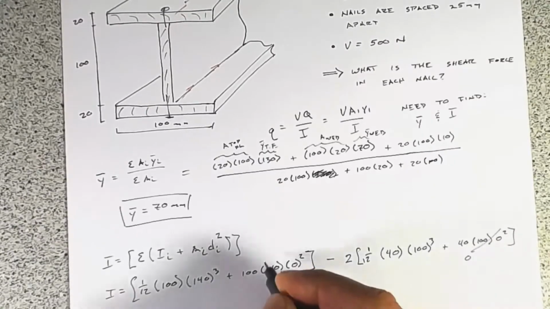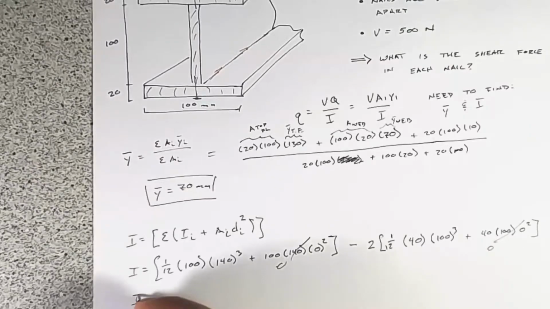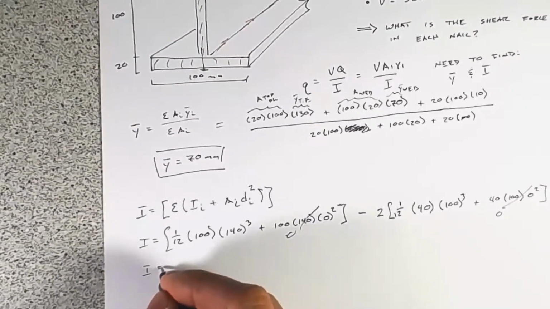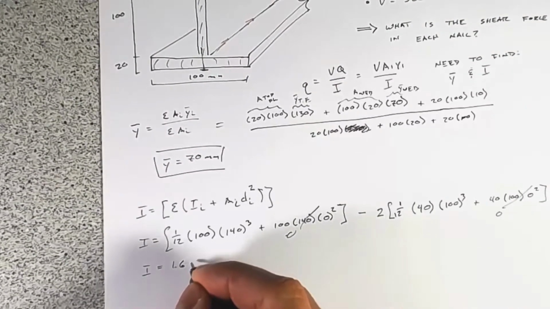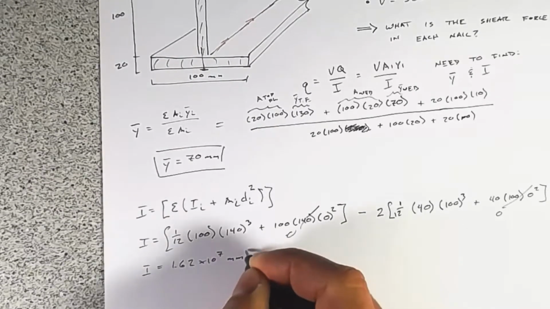So those go to 0. We work out these 2 components, and we get our moment of inertia equals 1.62 times 10 to the 7th millimeters to the 4th.